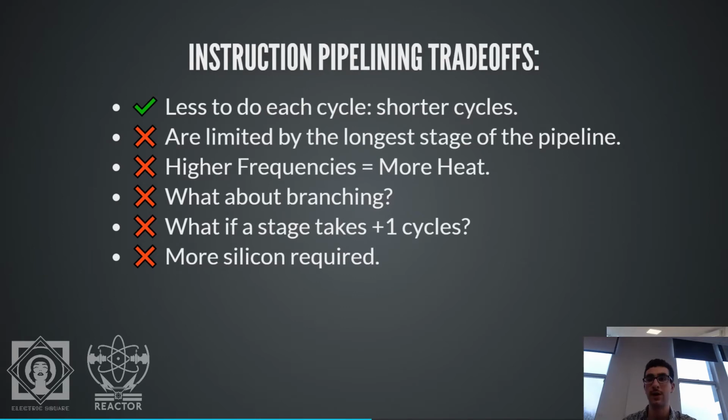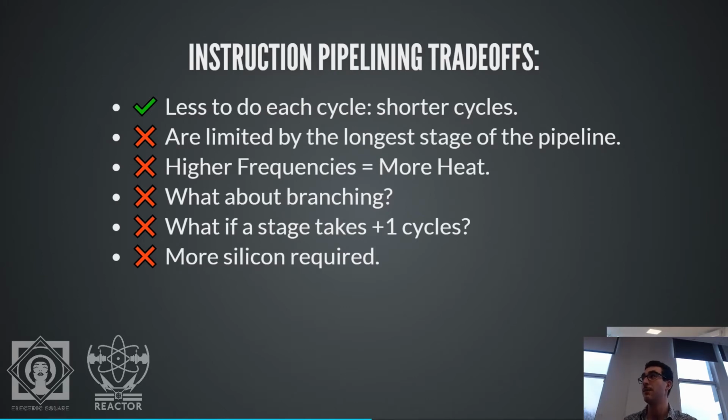It's also worth pointing out higher frequencies mean more heat. So the more you pipeline a CPU, the more heat you're going to generate by having those extra clock cycles. Also, you can be really penalized by branching, because if you need to wait for an instruction to be executed before you know which branch you're going to take, then you're going to have to stall your entire pipeline until you get the results of that instruction.